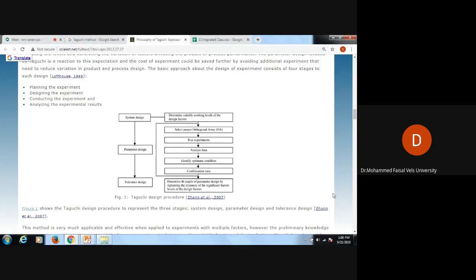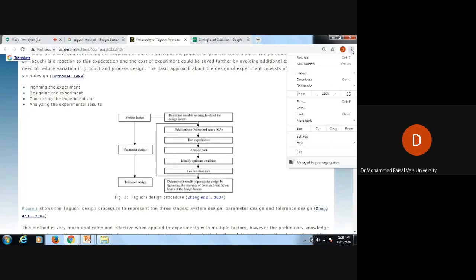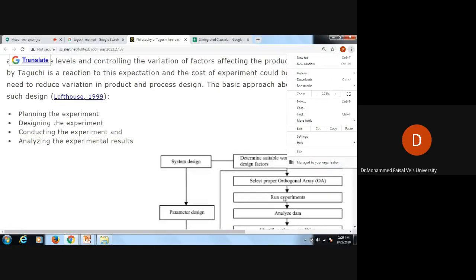If you look at what the parameter design is, I told you about that. We are using the orthogonal arrays or outer arrays.